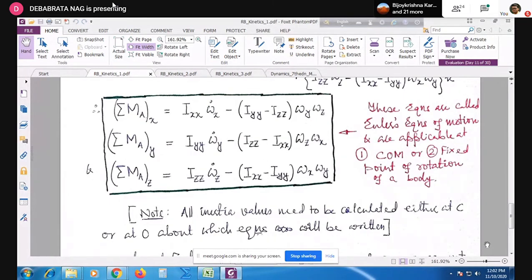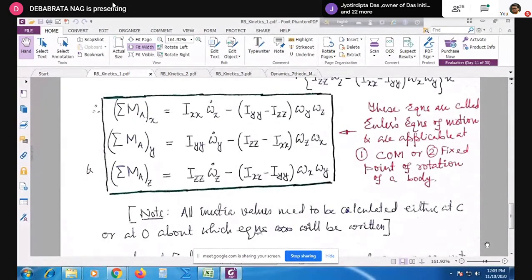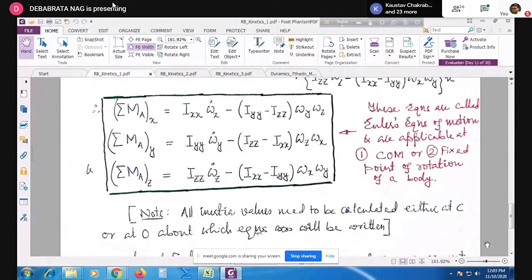Also, the xyz coordinate axes need to be body fitted, rigidly fitted with the body. In fact, that should be assumption number 2, and then comes assumption number 3, that the xyz axes must be the principal axes of inertia either at the center of mass of the rigid body or at the point A about which the body can be assumed to be rotating.